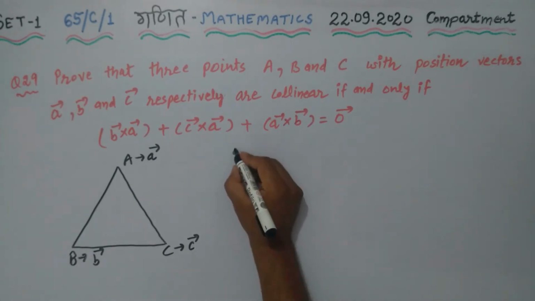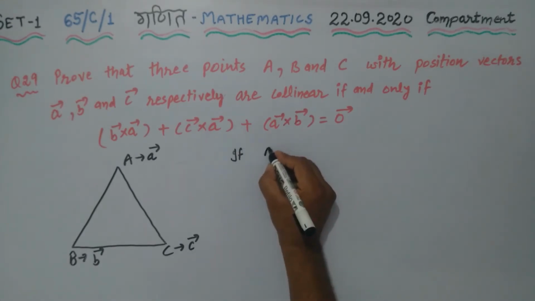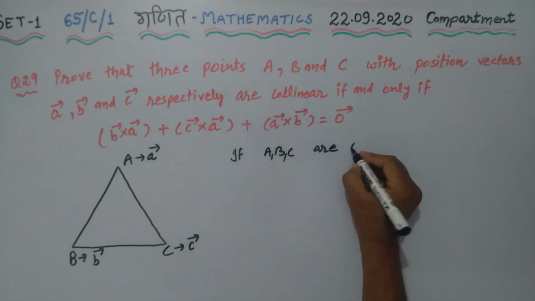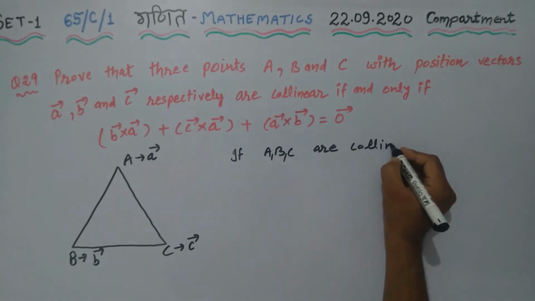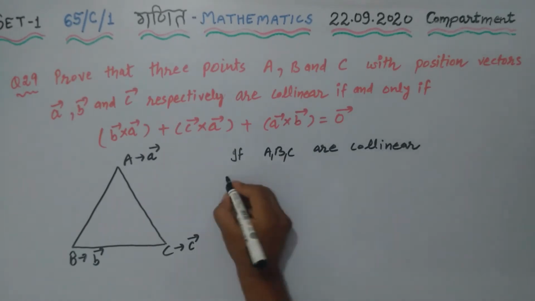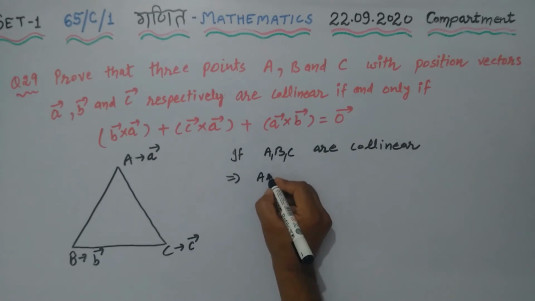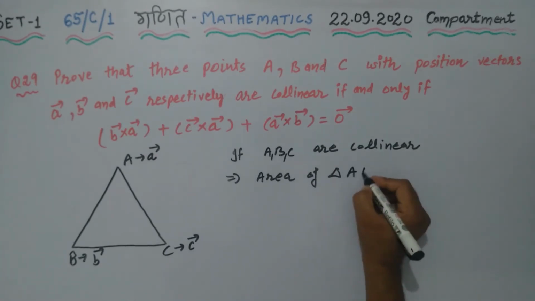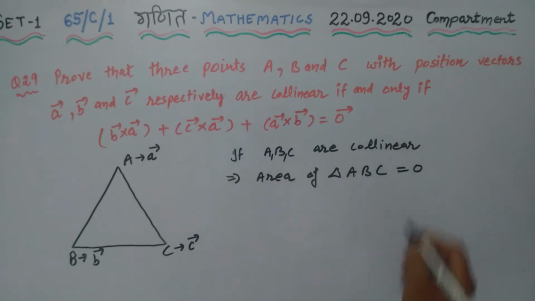So if A, B, C are collinear, then area of triangle ABC is equal to 0.